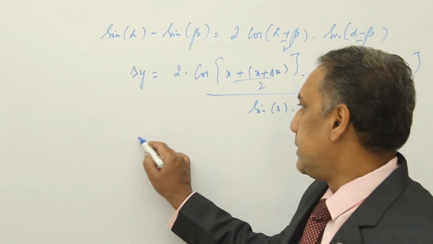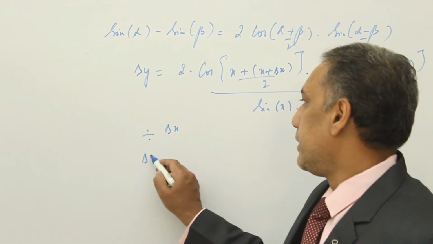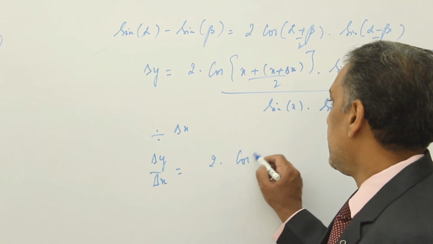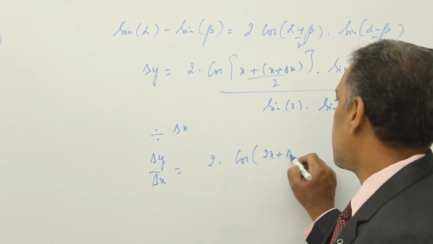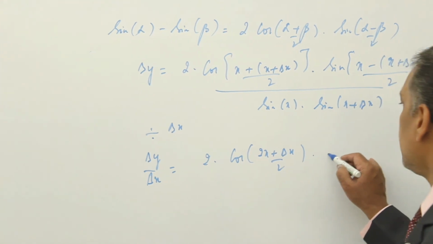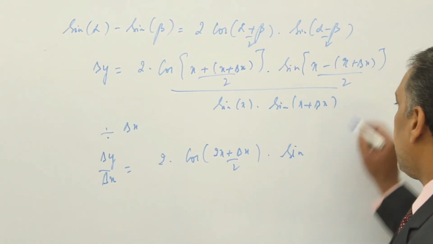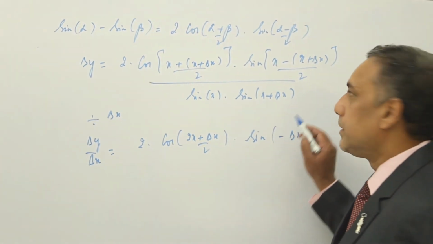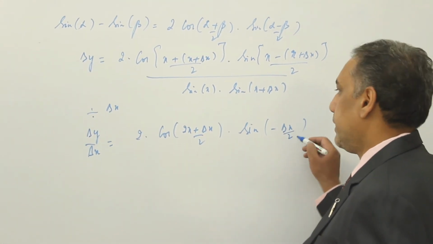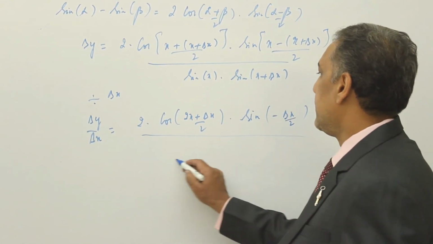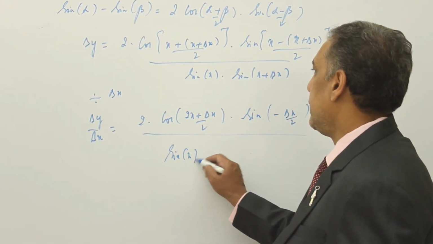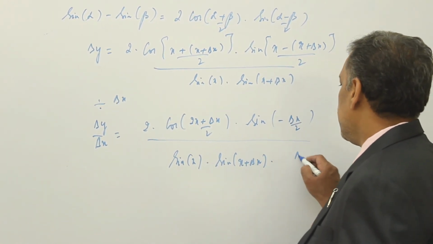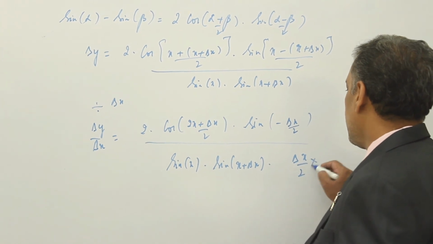Now dividing this throughout by delta x, we get delta y divided by delta x is equal to 2 into cos of 2x plus delta x by 2 into sine of minus delta x by 2, because plus x and minus x get cancelled, whole divided by sine x into sine of x plus delta x, divided by delta x by 2 into 2.